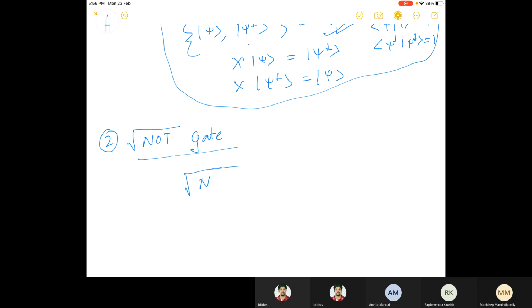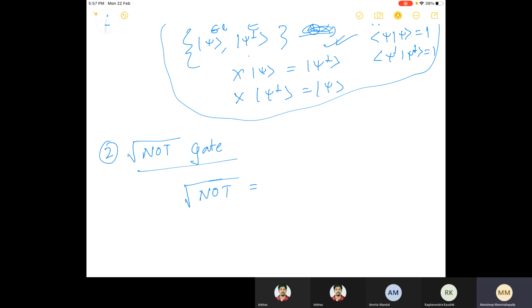Does there exist a true NOT gate? No. So the matrix 0 1 1 0 to the power half is equal to, let me define it this way, half plus i by 2, half minus i by 2.